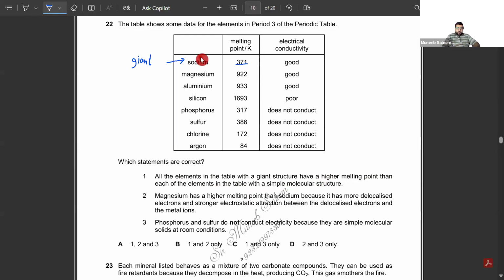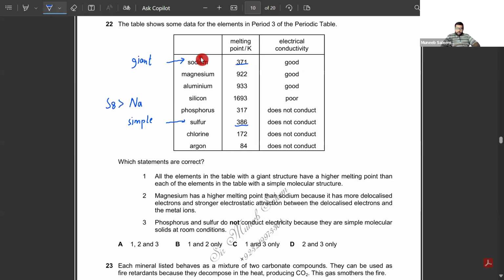Its melting point is 371. On the other hand, sulfur has a simple structure, but its melting point is 386, which is greater than that of sodium. So the melting point of sulfur is greater than the melting point of sodium, even though sulfur is simple molecular.